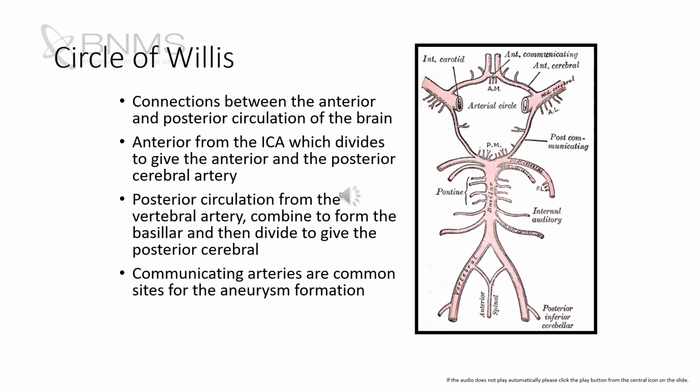The largest division is the middle cerebral artery that we have seen coursing laterally and whose branches are within the Sylvian fissure. Smaller branches are given off by the right and left anterior cerebral artery that we saw on the previous slide, and these are connected by the anterior communicating artery that we also showed.